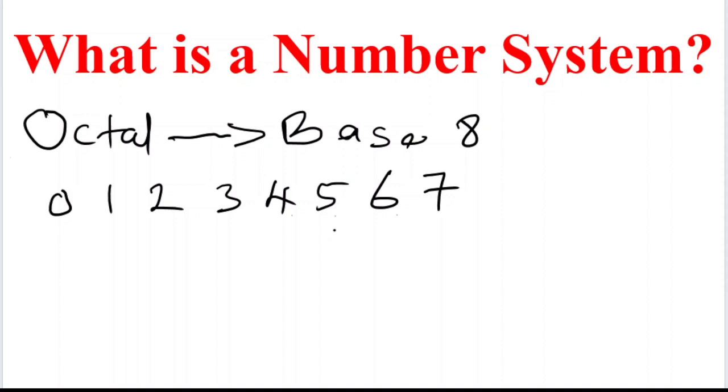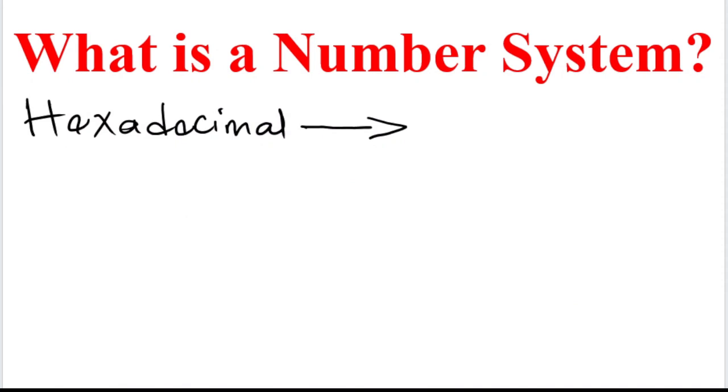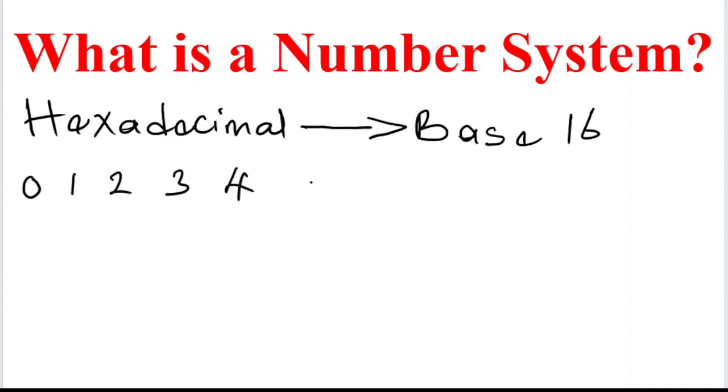Now, another one you need to be aware of is the hexadecimal number system. The word hexa means 6, and then decimal means 10. So when we say hexadecimal, we're talking about base 16 number system. Base 16 number system contains 16 digits which start from 0, 1, 2, 3, 4, 5, 6, 7, 8, and 9.